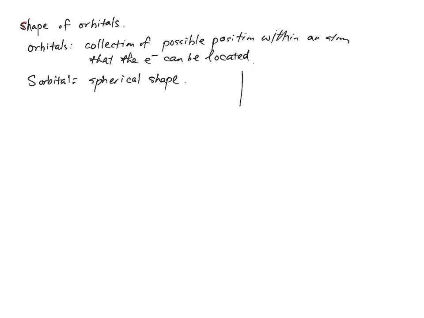I'm saying, if we put space into 3 axes, that's our common 3-dimensional space, and right in the point of origin of our space, let's say it's our nucleus, an s orbital would take a round ball shape.